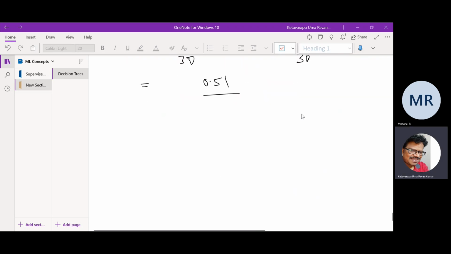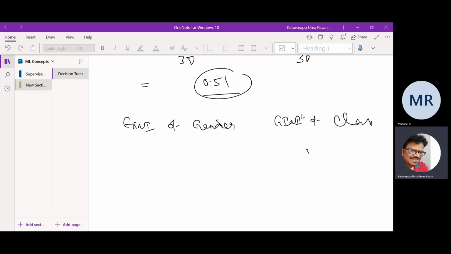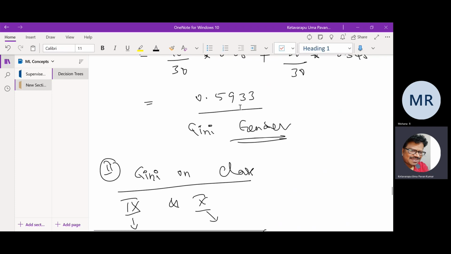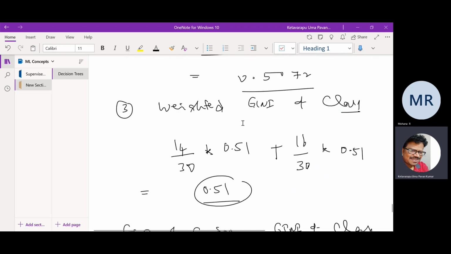Now you observe, guys, we got two Gini values: Gini of gender and Gini of class. Gini of class is 0.51. Let me go back and observe the Gini of gender, which is 0.59.